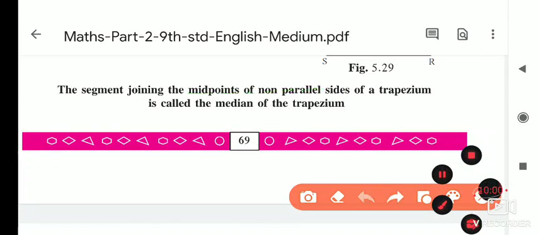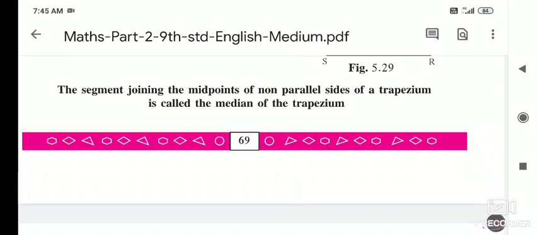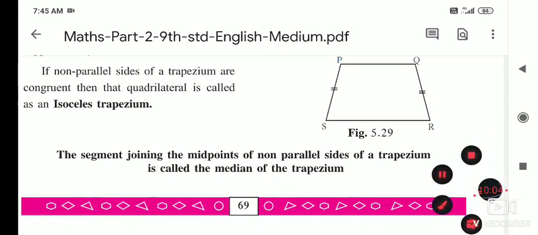The segment joining the midpoints of the non-parallel sides of a trapezium is called the median of the trapezium.